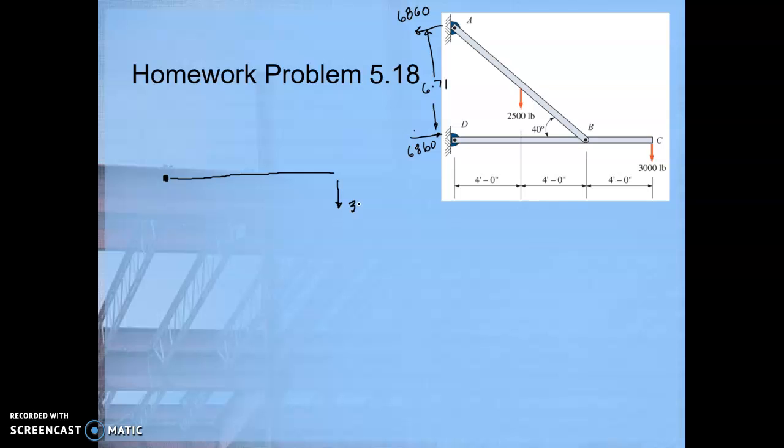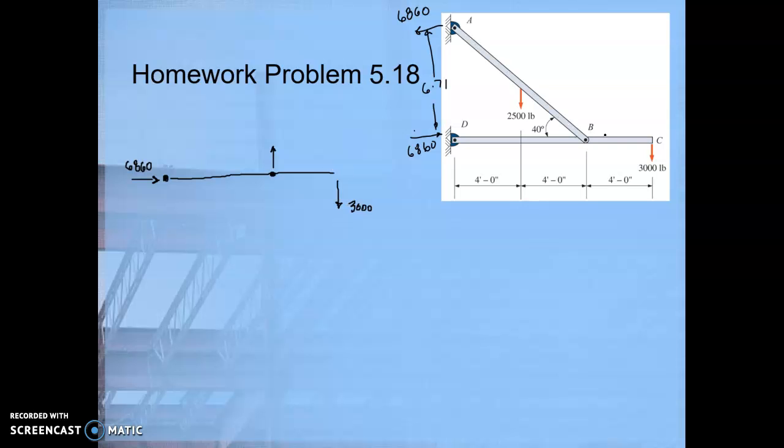We've got the 3,000-pound force at the end. We know that the reaction force is pushing to the right, 68.60, and we've got this joint B here, and we can assume that it's going to be pulling it up to counteract the external load applied out here at the end.